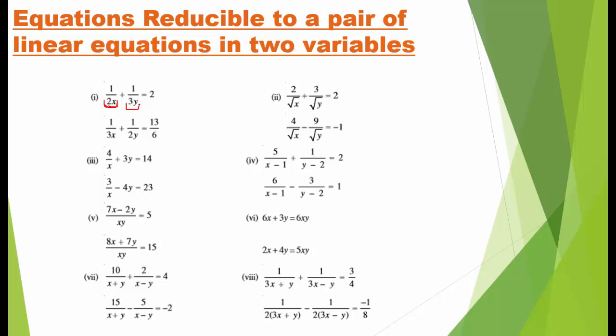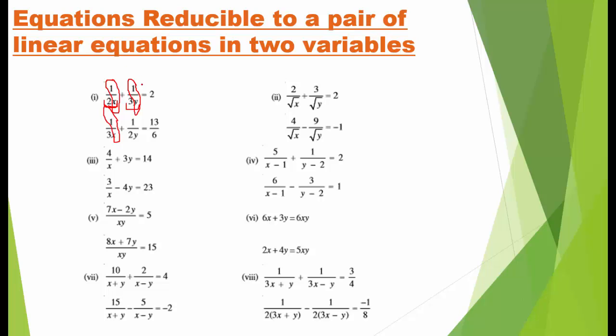This is not a polynomial, but it can be converted into one if we assume 1 by x as a, or p, some other variable. Similarly, we will assume 1 by y as another variable, say q. Then this 1 by x will convert into a.